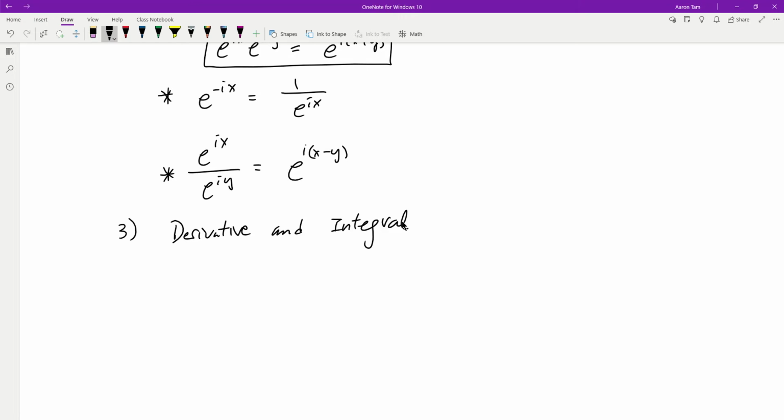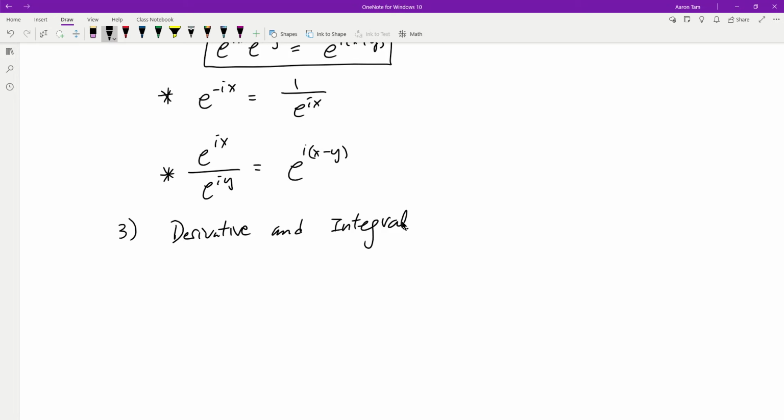And if somehow the derivative and integration of a complex exponential function is not the same as for a regular, real exponential function, then it's probably going to affect the way we use them in solving differential equations. So that definitely means no. I mean, it would completely ruin what we want to use it for. So what we want is that even though it's a complex exponential function, it still follows the same exact differentiation and integration rules, just like the real exponential function.